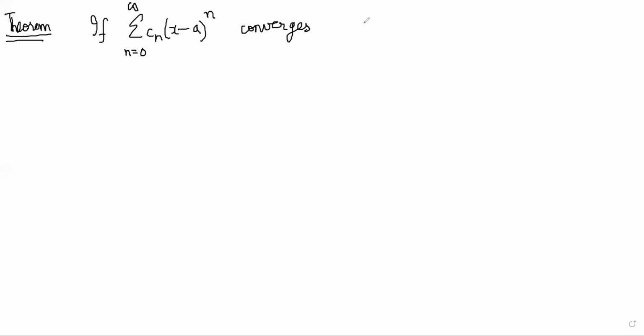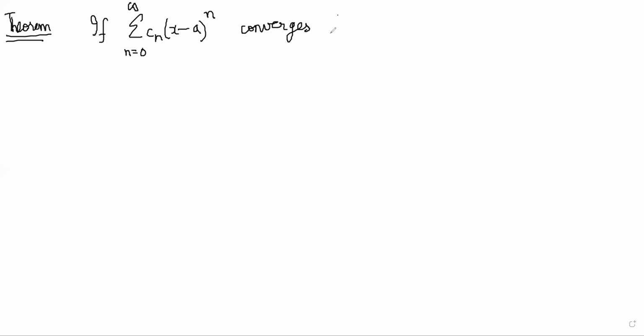So next thing that we want to look at is a theorem which helps us basically differentiate and integrate power series. So let's look at it. If summation of Cn (x minus a) to the power n, where n goes from 0 to infinity, converges, and we discussed convergence and divergence of infinite series in the last video, it basically means the sum tends to go close to a particular limit, right?